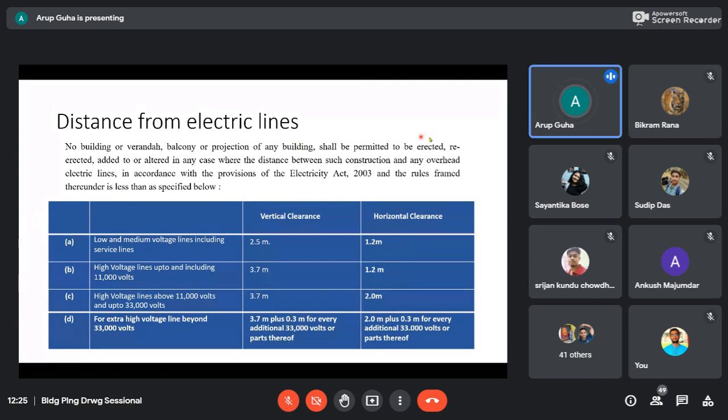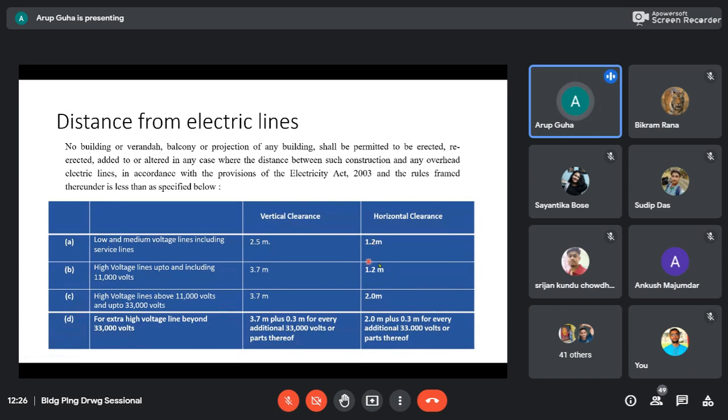Your building line, as I was saying, building line should be 1.2 meters away from an electrical line that passes over the road. If it is high voltage line then there are two things mentioned, vertical clearance and horizontal clearance. Laterally you should be 1.2 meters away from the building line.